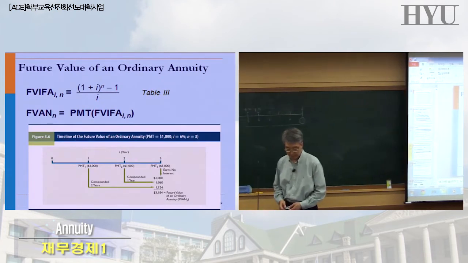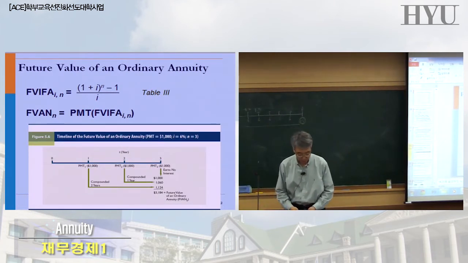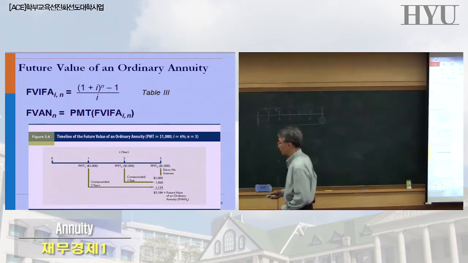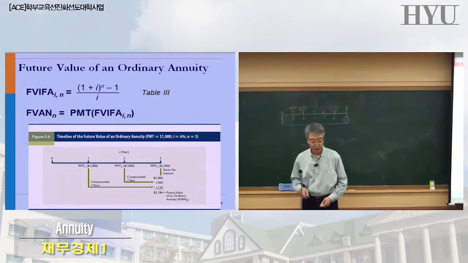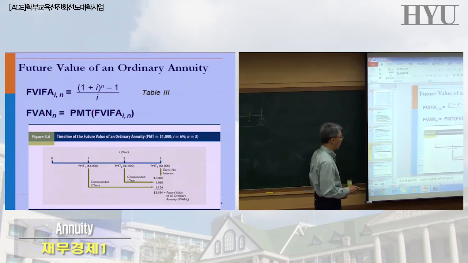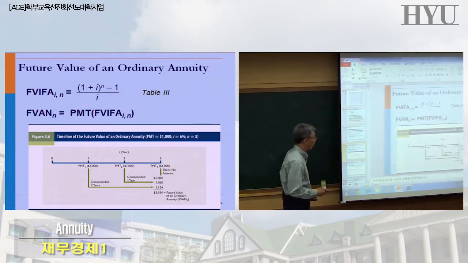All right. So here's a formula for the future value of an annuity, an ordinary annuity. Here's a timeline illustrating this ordinary annuity. We have a 3-year or 3-period annuity here. It doesn't say whether it's a cash inflow or outflow. It doesn't matter.